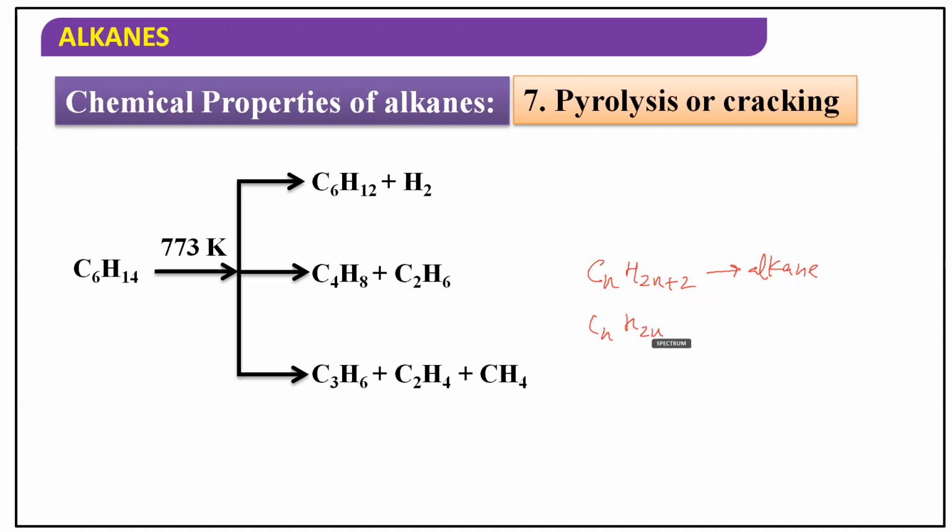CnH2n is for alkene, there will be one double bond somewhere. And CnH2n minus 2, there will be a triple bond, alkyne. So we have a mix of alkane and alkene products here. C3H6, C2H4, CH4, all this mixed product we are getting by cracking, pyrolysis.